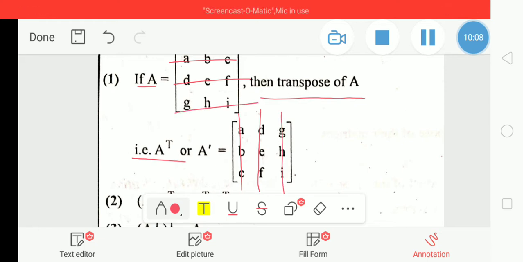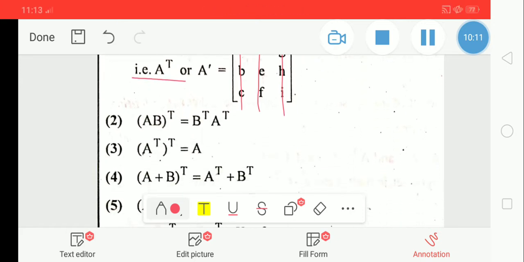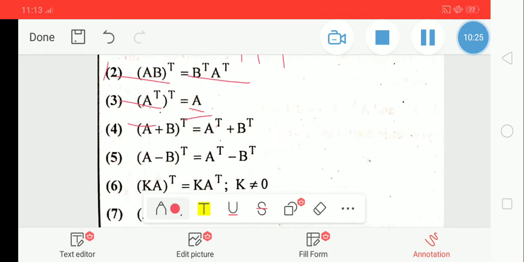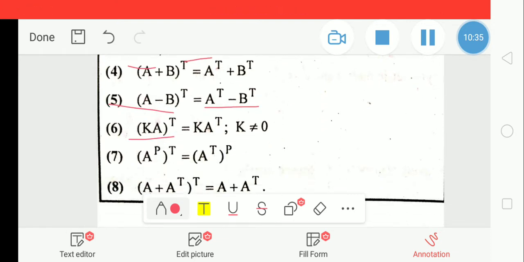So we take the transpose of this matrix. We know that (AB) transpose means B transpose A transpose. We know that the transpose of the transpose gives the matrix, means A. So (A plus B) transpose is A transpose plus B transpose, and (A minus B) transpose is A transpose minus B transpose, and (kA) transpose is k A transpose, where k is a constant, not equal to 0.